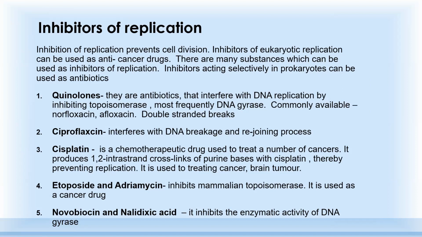And the last are novobiocin and nalidixic acid. These two drugs inhibit the enzymatic activity of DNA gyrase. So these are a few examples of drugs that are used for inhibition of replication.